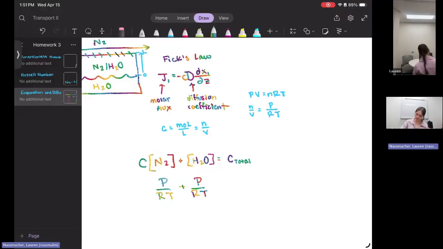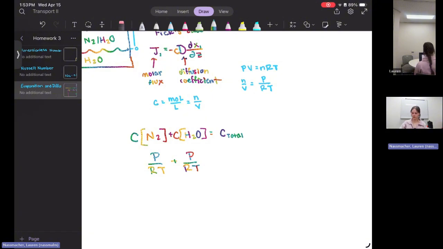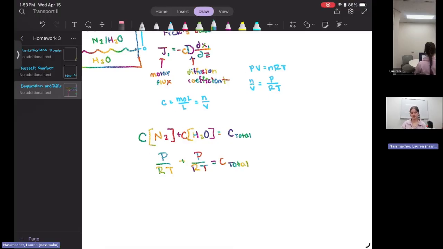Remember, these are each concentrations of that material. Here's a general equation. Now we've just set up a general equation to find the total concentration for our nitrogen and our water, which in turn finds the concentration for each of our nitrogen and our water.